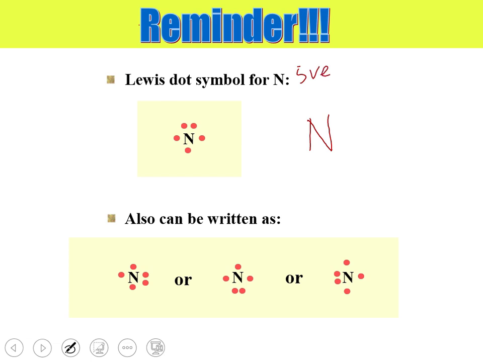If I want to use cross, I just put 1, 2, 3, 4. So each side now has 1 electron. Now we can pair the electron. If you want to put it as dot, you can put it like this. If you want to put as cross, also is not wrong.